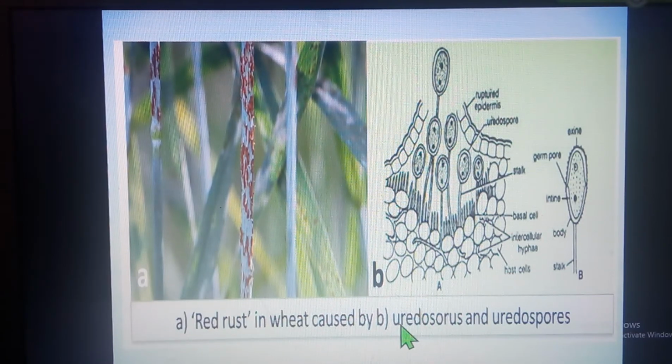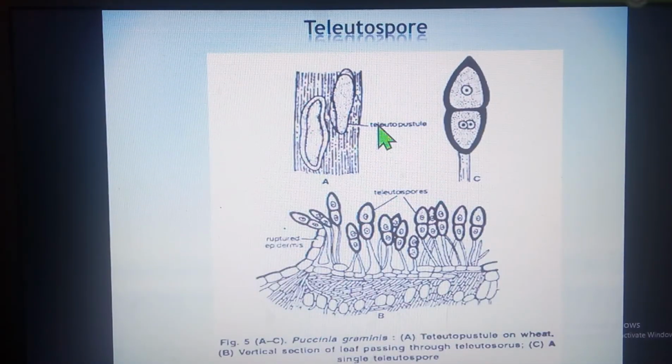So the spore producing uredosorus, which produces uredospore, now becomes a telisorus, which will produce teliospore. So at the end of the wheat season, this uredosorus is converted into telisorus, which will produce another type of spores, that is the teliospore.